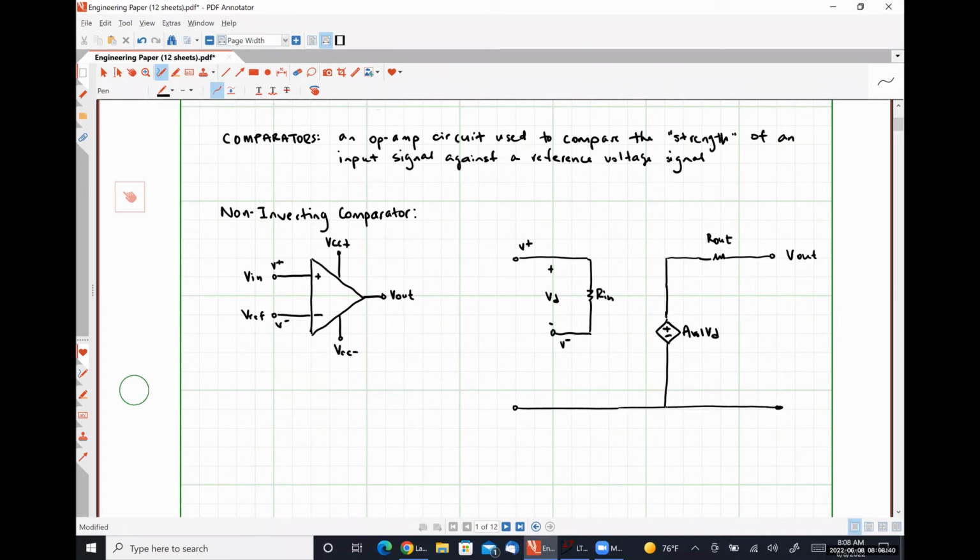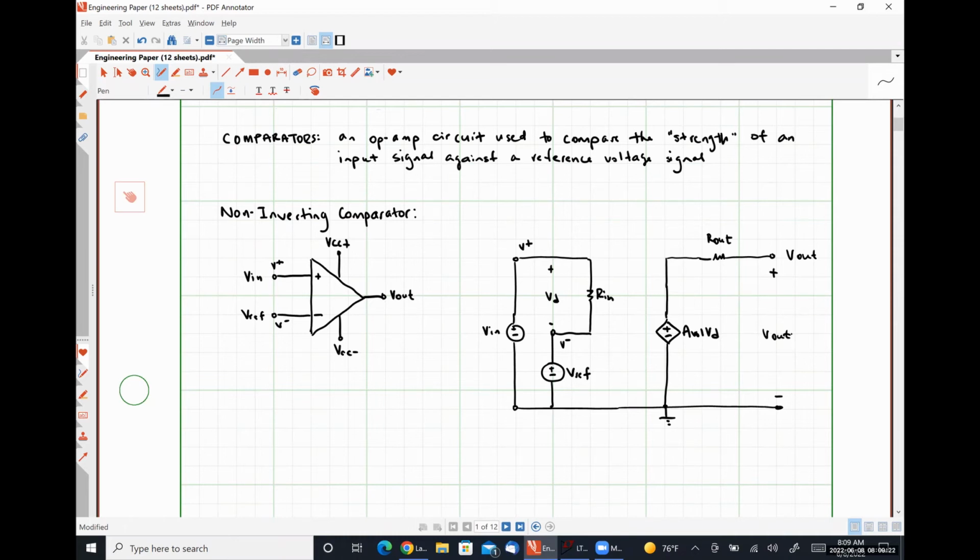So here is our practical op-amp model, and now we're simply going to make the connections. So between the inverting input terminal and ground, we have our voltage Vref, and between the non-inverting input terminal and ground, we have our voltage Vn, and our output voltage is simply the voltage measured at the output.